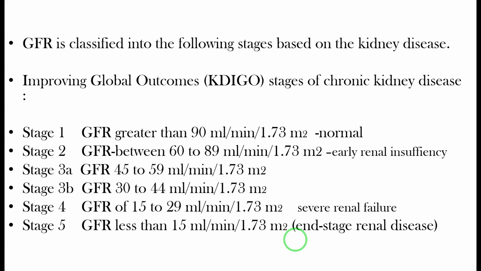According to the result of the equation, we will find whether it's more than 90 and normal, or anywhere in these stages, and accordingly we can classify the stage of the renal impairment of this patient.